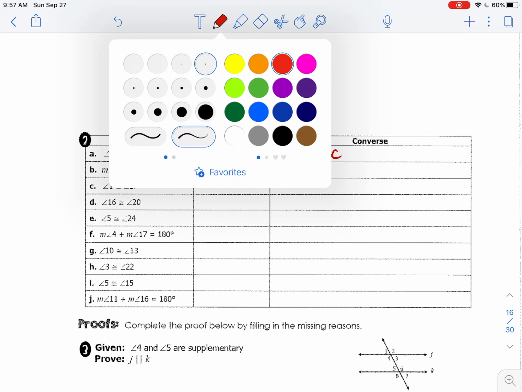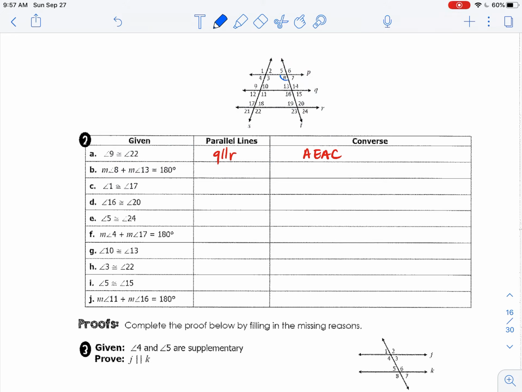8 and 13. Angle 8 and angle 13 are supplementary. Here's the transversal that connects the two different angle groupings, so P and Q. P is parallel to Q, and this is same side interior angles converse.